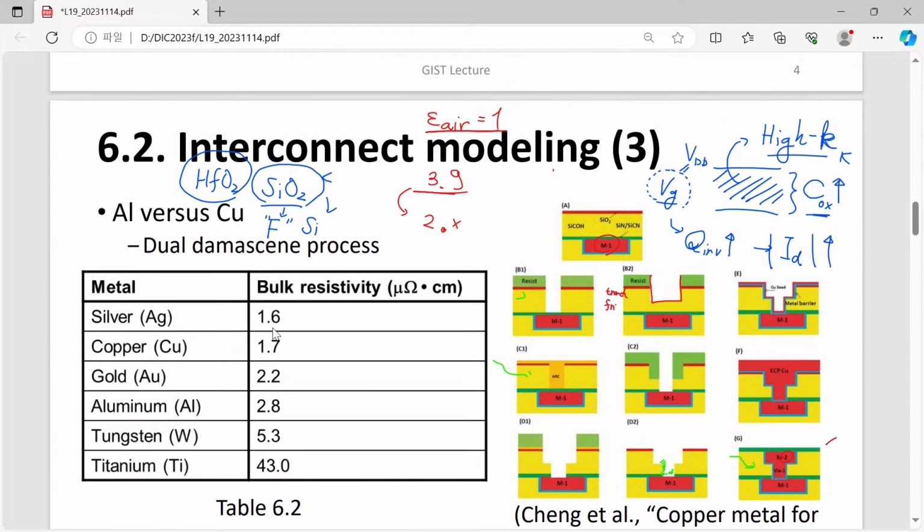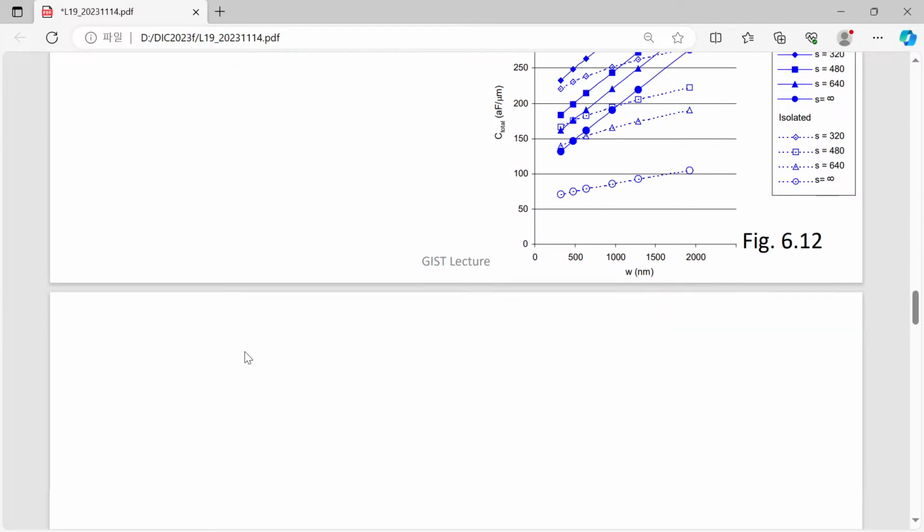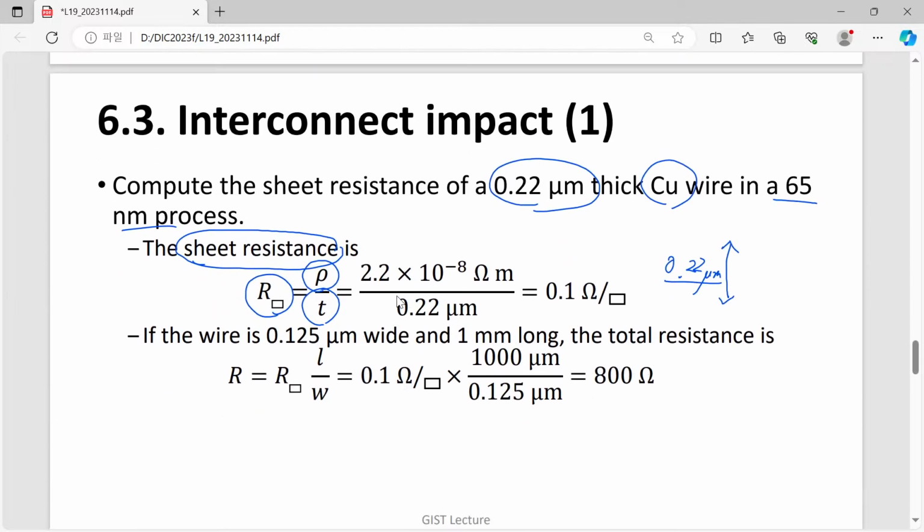So now you have the copper value, and you can write it down here. Oh, why do we have different numbers? Depending on the conditions, it can differ. In this textbook example, we have used this value.